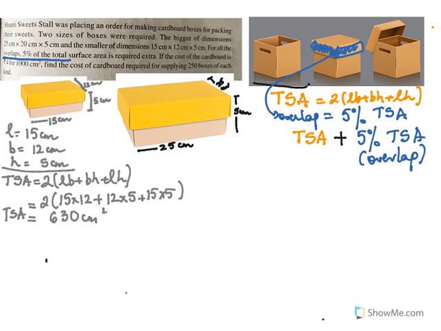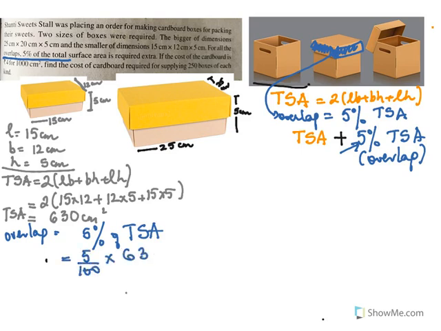But remember, we don't only require TSA, we also require the overlap. For the overlap we require 5% of TSA, as given to us. So overlap will be 5% of TSA, that is 630, and that works out to 31.5 centimeters square.